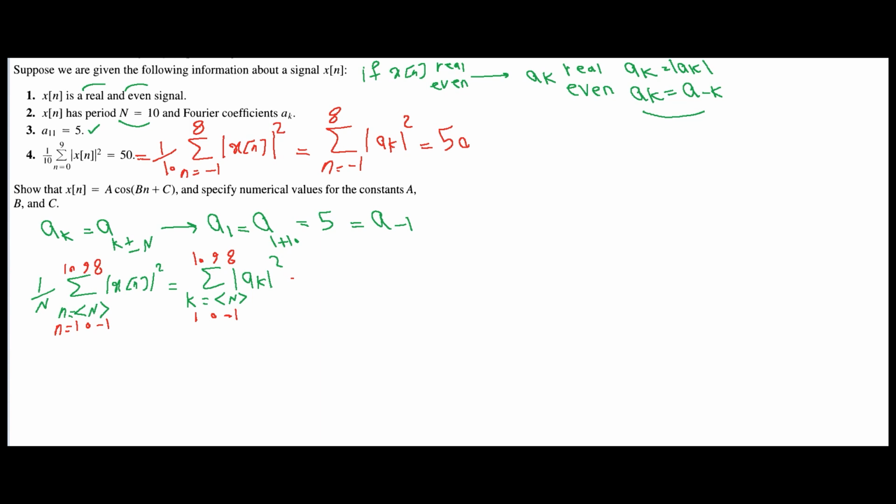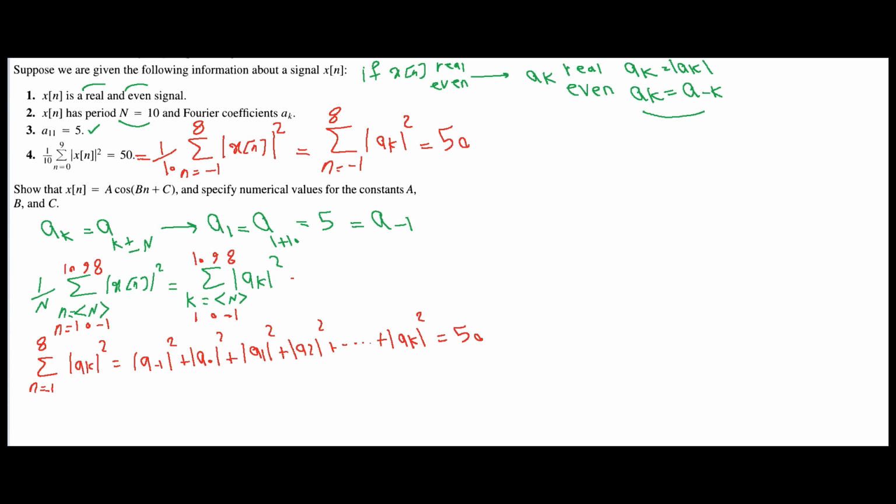Now let's expand the summation. It becomes the magnitude squared of a_{-1} plus the magnitude squared of a_0 plus the magnitude squared of a_1 plus the magnitude squared of a_2 and so on up to the magnitude squared of a_8.